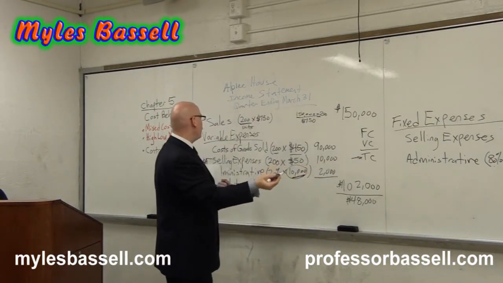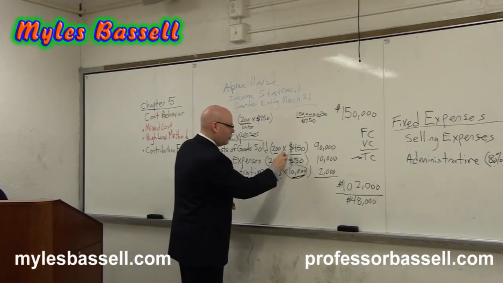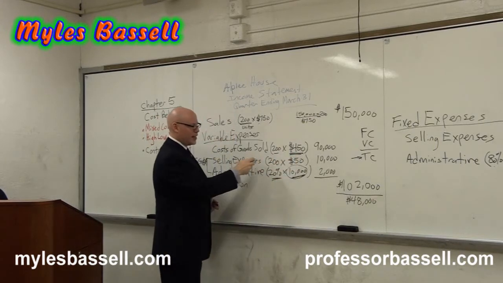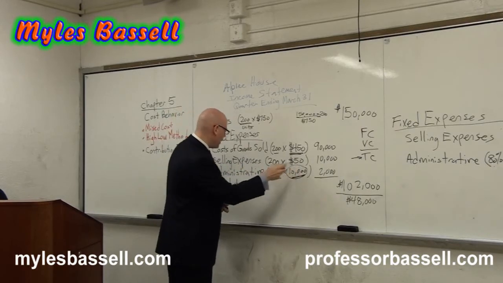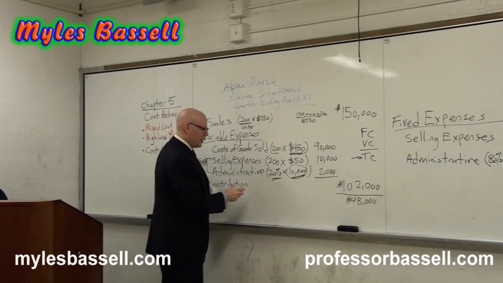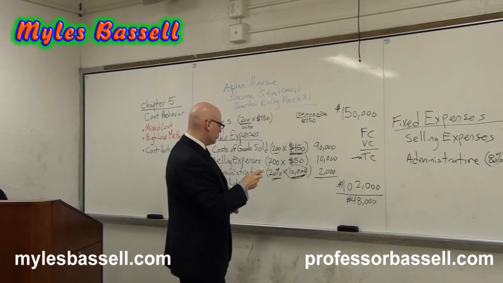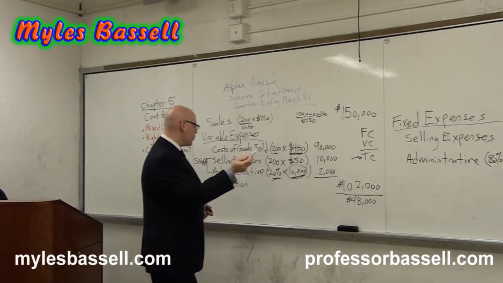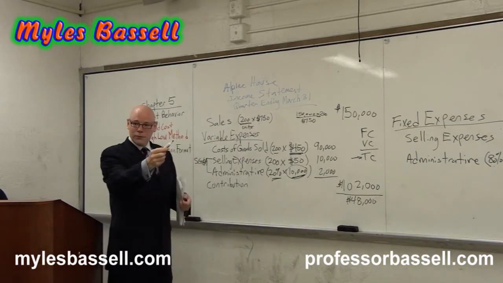So in this case, they told us that the cost per set of skis was $450. The selling expenses were $50 per pair. And there could be some other variable expenses per unit, right?